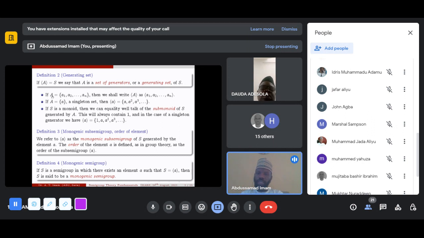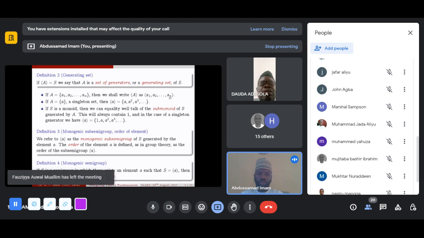And so if A is finite, then we shall use the notation: rather than writing the set inside the brackets, we just list out the elements a1, a2, ..., an separated by commas, to denote the sub-semigroup generated by the finite set of elements a1, a2, ..., an.